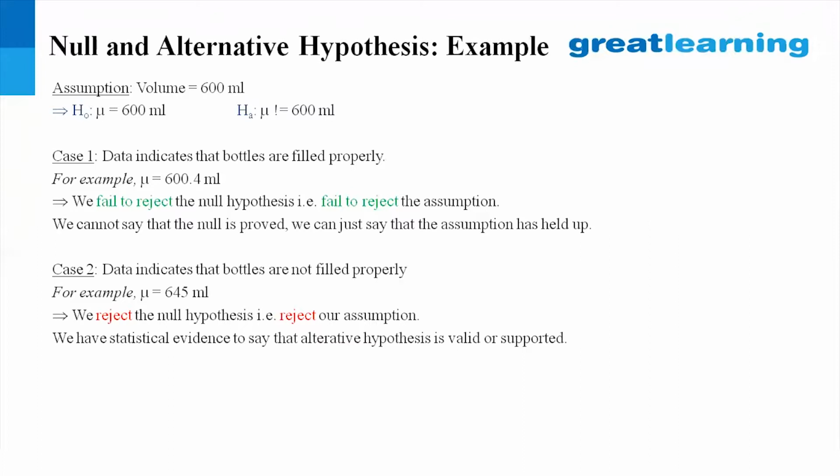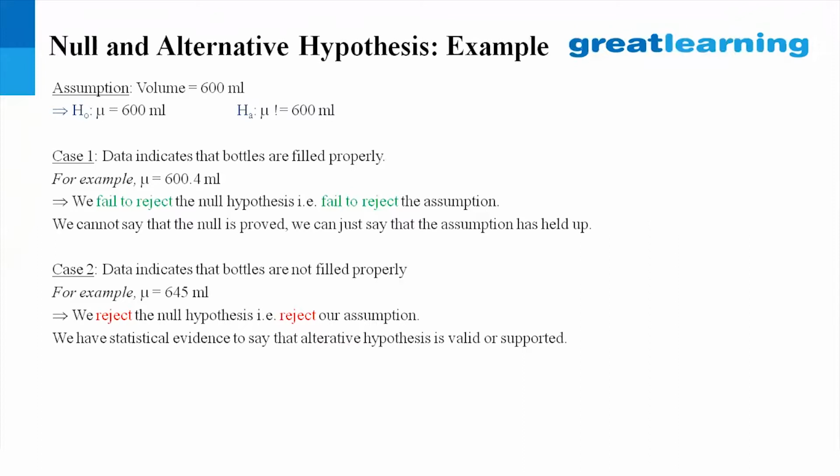So repeating it quickly, in the first case, your claim or your assertion was that the mean volume is going to be 600 ml. Because it is not exactly equal to 600 ml, you cannot say that your null hypothesis has been proved.